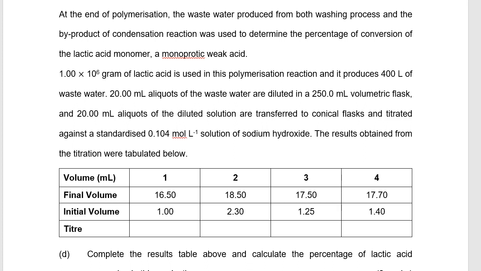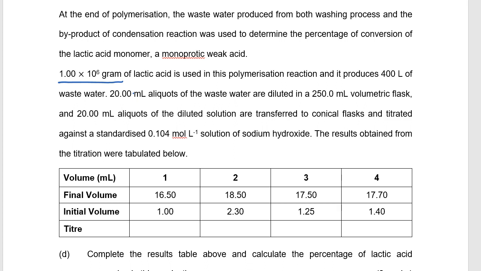Now, what we are doing is we are going to try to convert all this lactic acid into polymer. But obviously, there's going to be some remnants that was not used in the polymerization. So the whole titration experiment is to identify how many percentage of this was converted into polymer. And how do you do that? By identifying how much remnants were available.